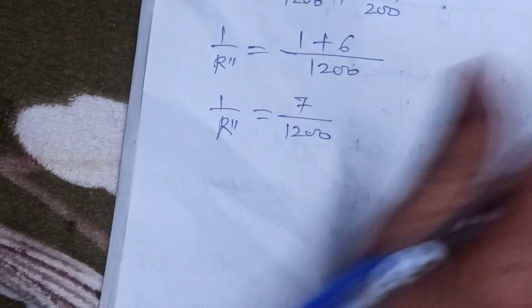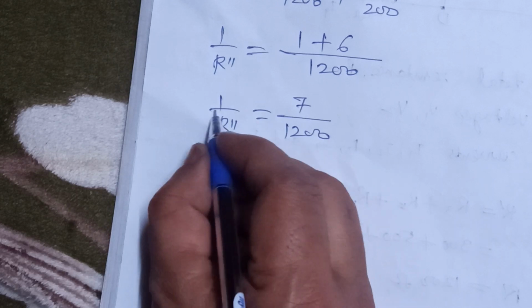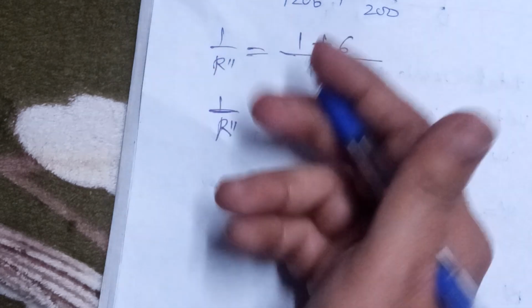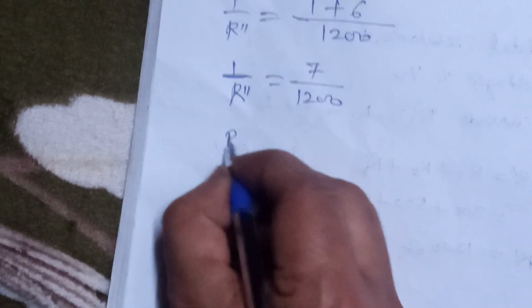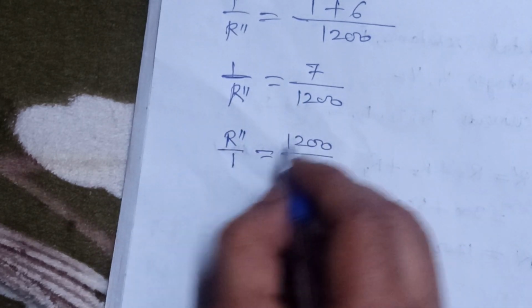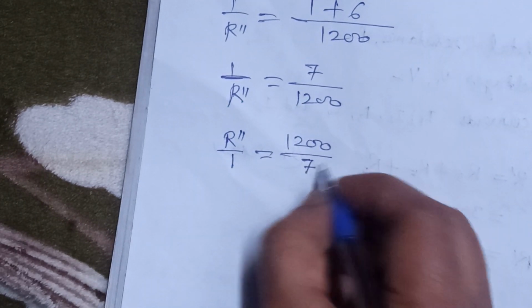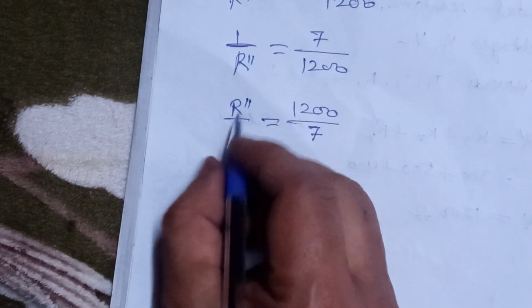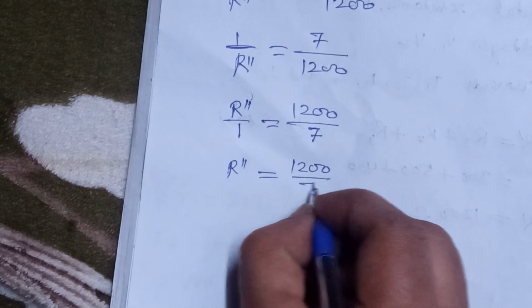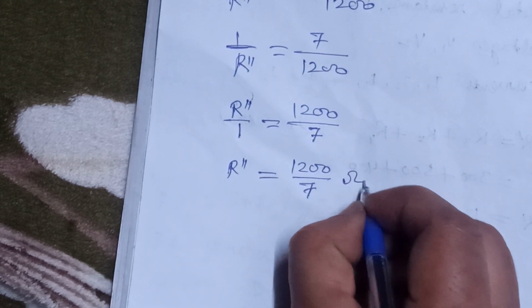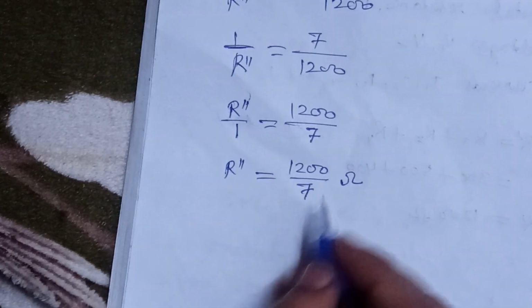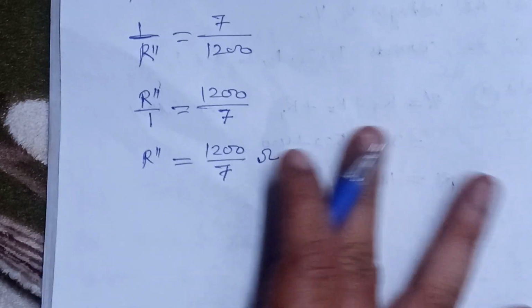If we want the value of R double dash, we can write it by inverting both sides: R double dash equals 1200 divided by 7. You can divide it out, but it is sufficient for finding the equivalent resistance, so I will not divide it.